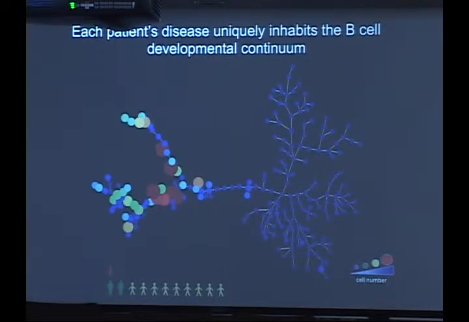So when I initially approached this data set, going straight to SPADE, I drew a SPADE tree using all of the data from this set, the two healthies and all the leukemias, and you can see that this is the tree structure. In the healthies, almost all the cells localize over here on the left side of the tree. There are two healthies, and as we go through them, they overlay right on each other.